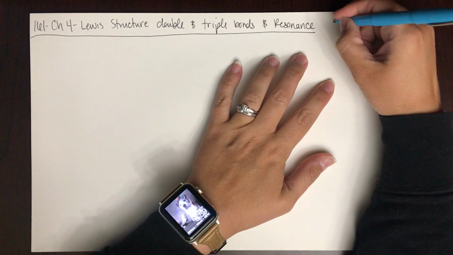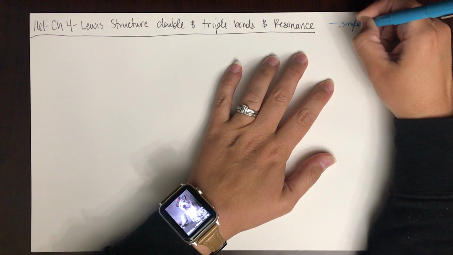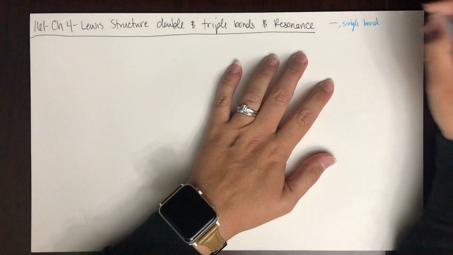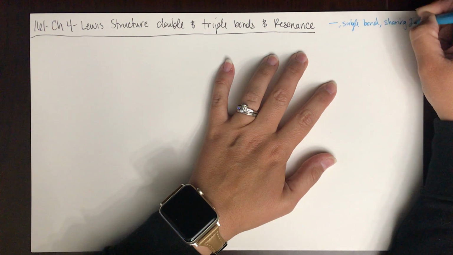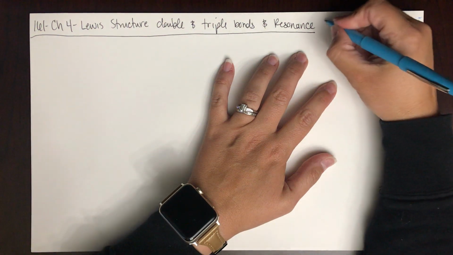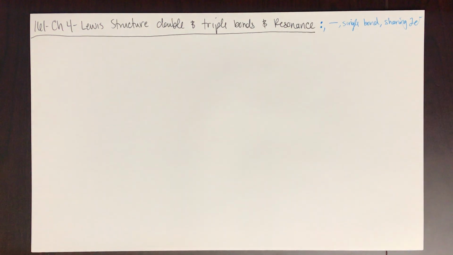So a single bond is represented by a single line, and it's sharing 2 electrons. So you'll see a single bond sharing 2 electrons.